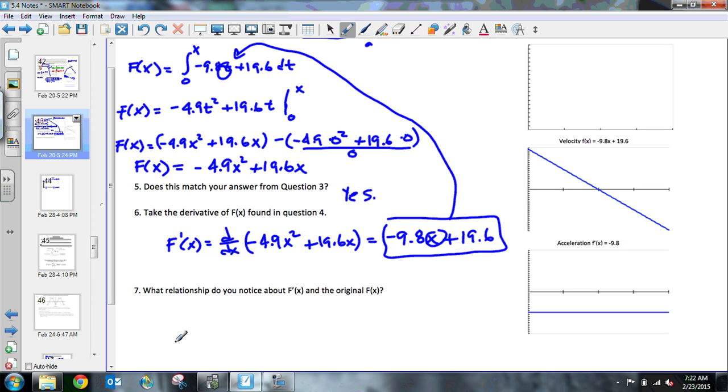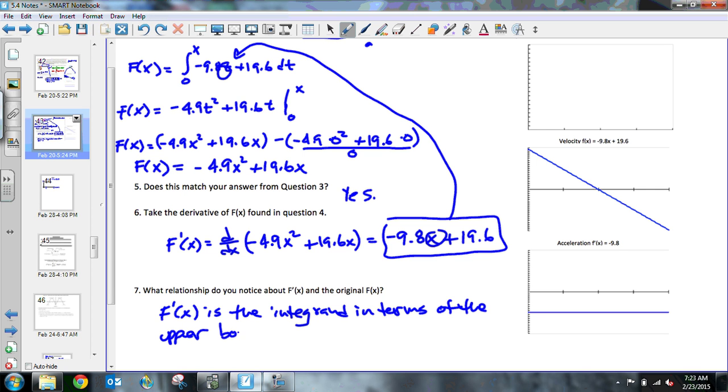So the connection I see is that big F prime of x is the integrand in terms of the upper bound. That's a really powerful thing, guys. You'll see once we start doing some open-ended AP questions why this is so powerful.